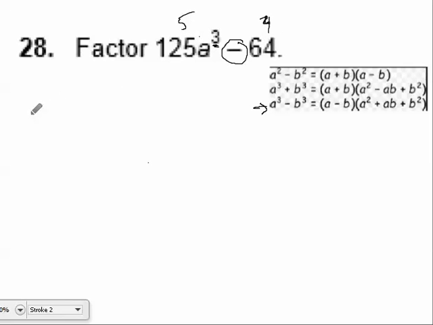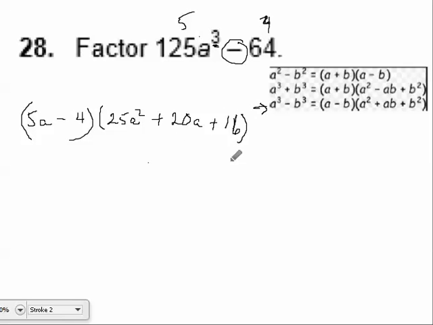So I'm going to have 5A minus 4 times 5A squared, that's 25A squared plus 20A plus 16. That would be my answer. And all I did was use this formula right here to write it down.